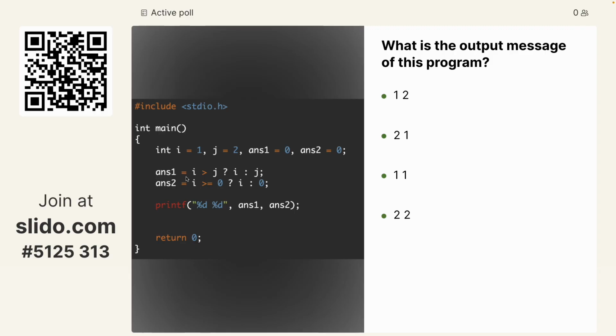We stored the return value of the first conditional expression in answer 1, and the result of the second conditional expression in answer 2. Your job is to decide what will be the final value stored inside answer 1 and answer 2.